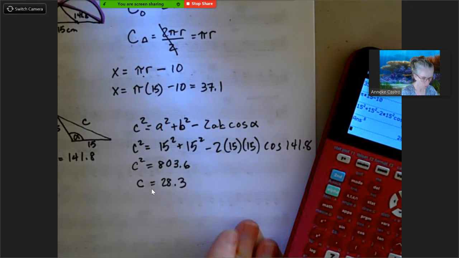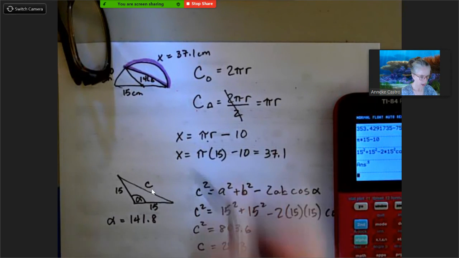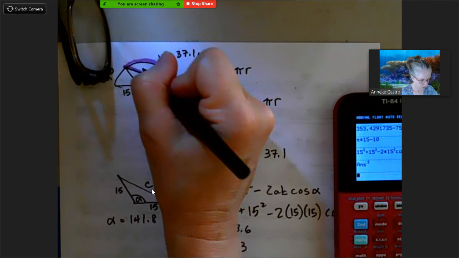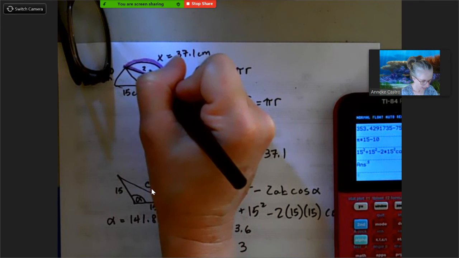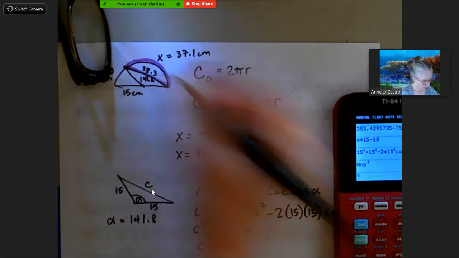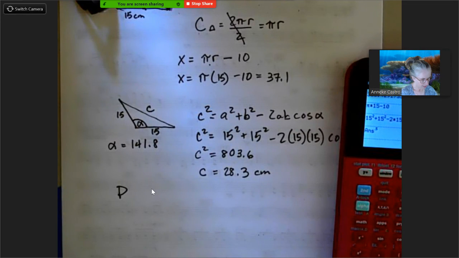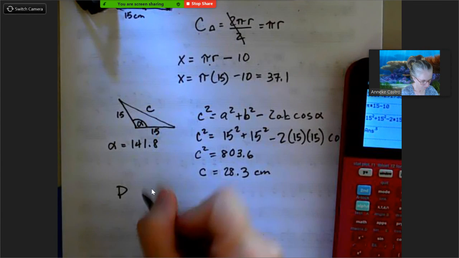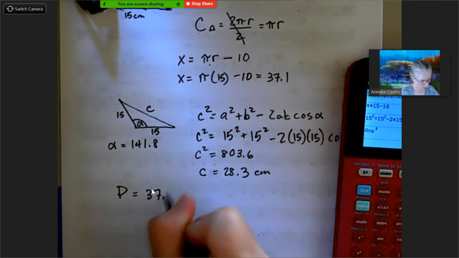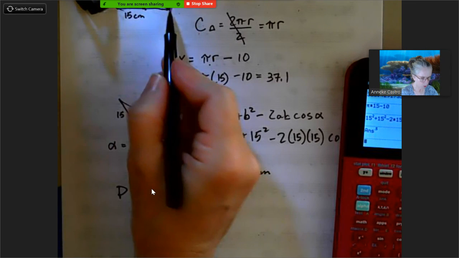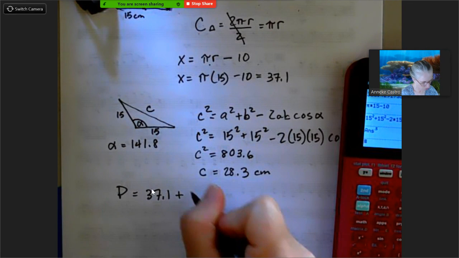So remember, back to my drawing, that was this right here. So this is 28.3, and that's centimeters. So the perimeter of this shape is just going to be the arc length, 37.1, plus that chord going across the circle, 28.3.